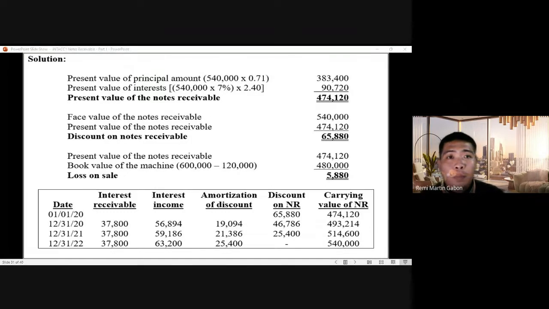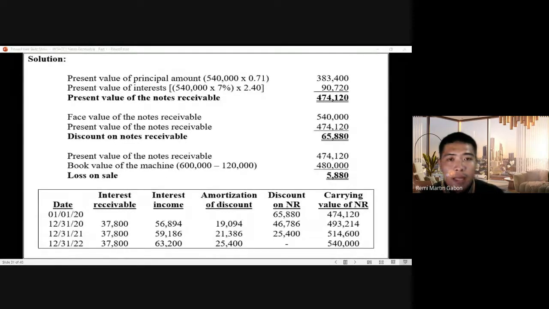In fact, the 0.71 and 2.40 are rounded off figures. So the computation is rounded off initially. So expect that not everything will total to 540 on a continuous basis. So we stop at 2021, then adjust the figures on 2022.